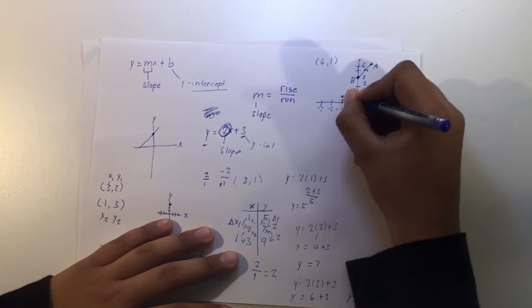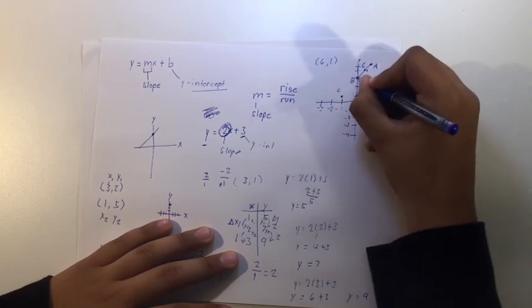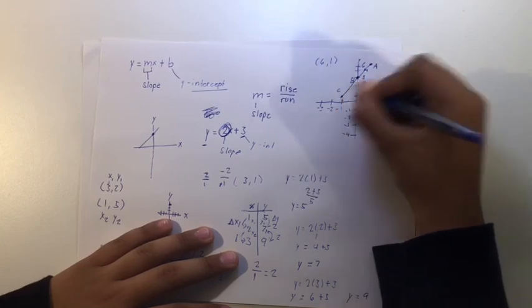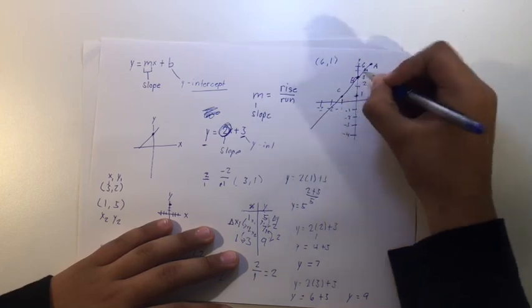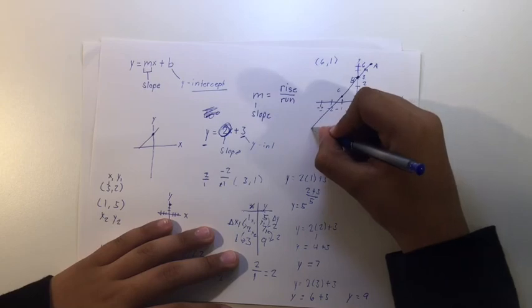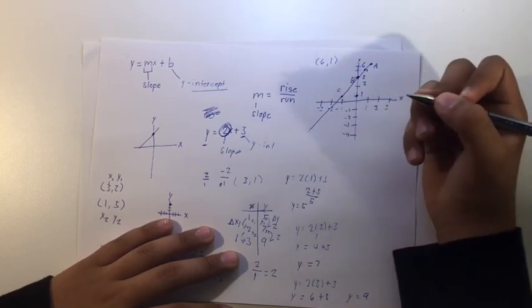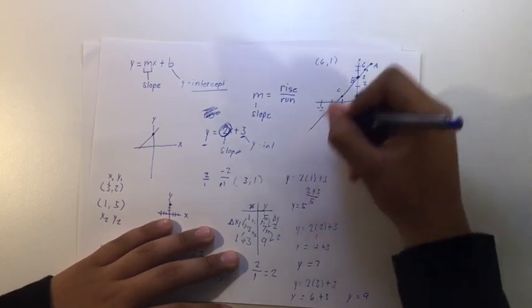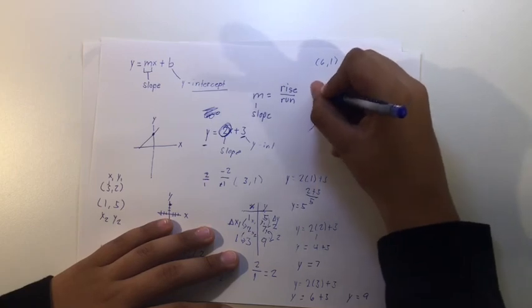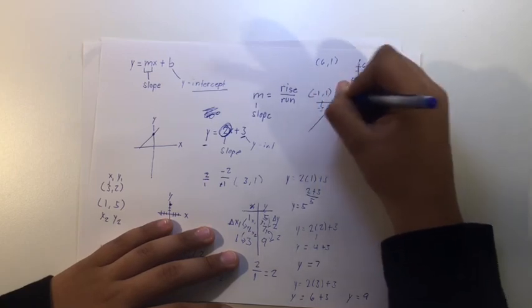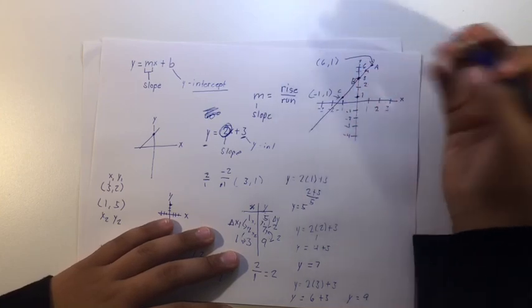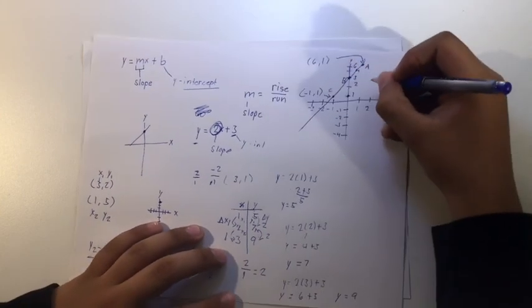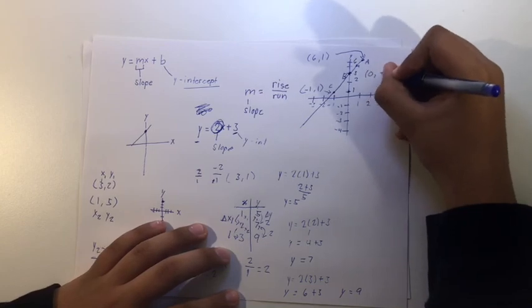We'll call this point C, and we can connect it. Here I'm just doing a scale of the actual version. So this coordinate would be -1, 1. And this would be your y-intercept, which is just 0, 3.